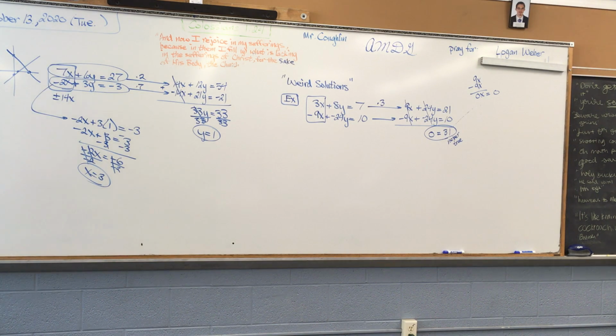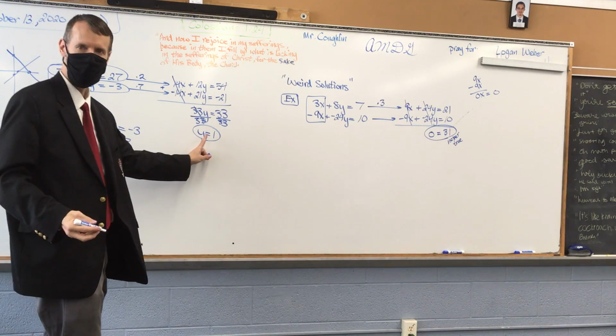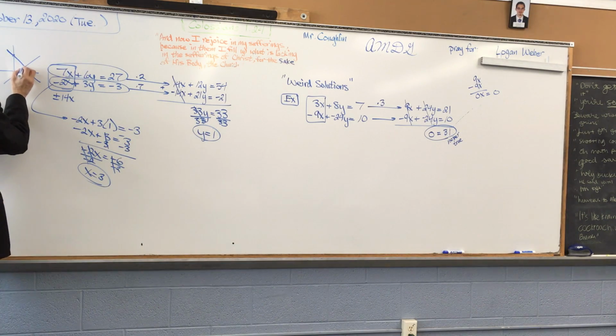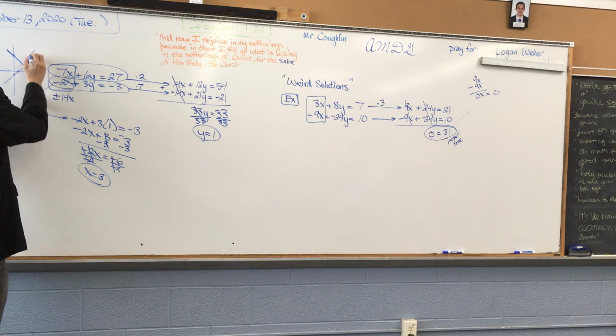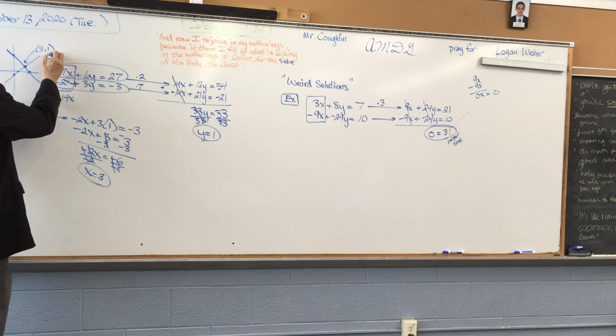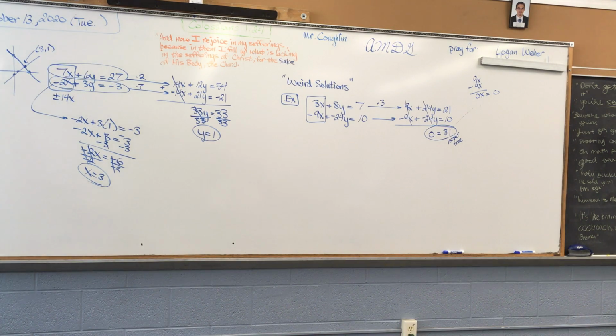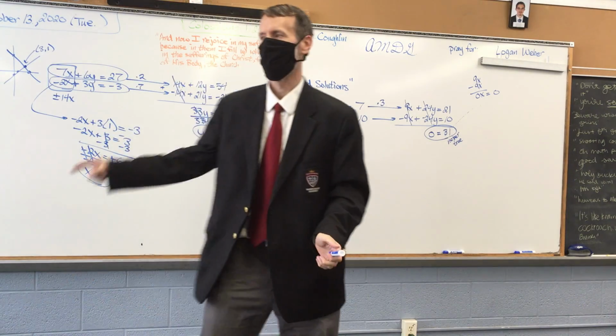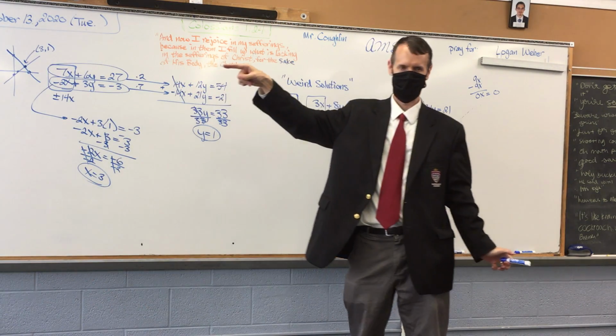Do those two lines cross anywhere? Yes. Tell me where. You should be able to tell me. 3, 1. These two lines cross at 3, 1. We would never be able to get that by graphing. But the solutions are the same as the intersection.